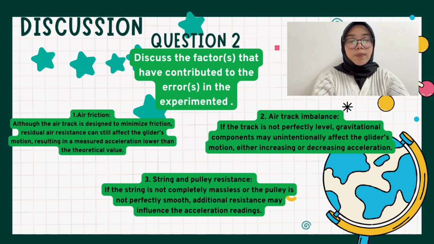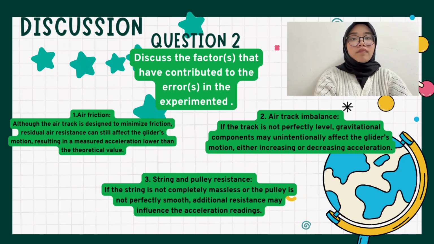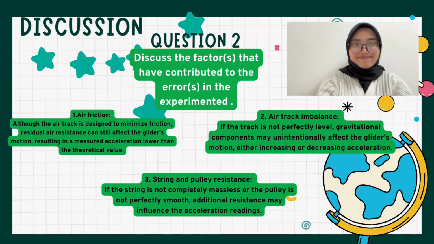If the track is not perfectly level, a gravitational component may unintentionally affect the glider's motion, either increasing or decreasing acceleration. Third, string and pulley resistance. If the string is not completely massless or the pulley is not perfectly smooth, additional resistance may influence the acceleration readings.